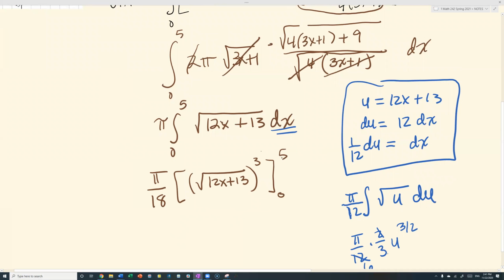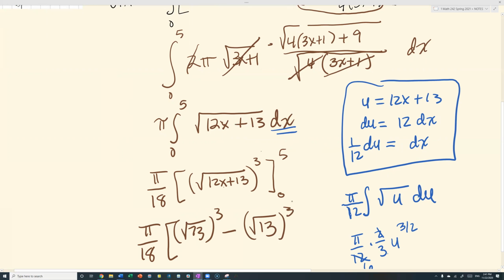So then that will give you pi over 18. When you plug in the 5, you have 60 plus 13, that is the square root of 73 to the 3rd power, minus, when you plug in 0, the square root of 13 to the 3rd power.